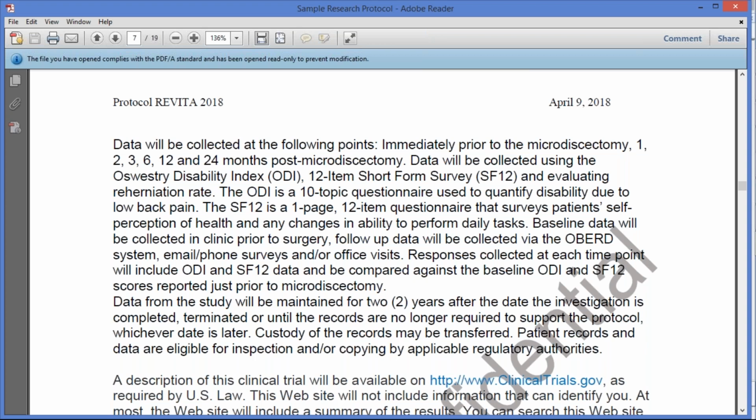ODI is a 10-topic questionnaire. SF12 is a 12-topic questionnaire. SF12 will show any changes in ability to perform daily tasks. ODI, the disability index, quantifies the disability due to low back pain.